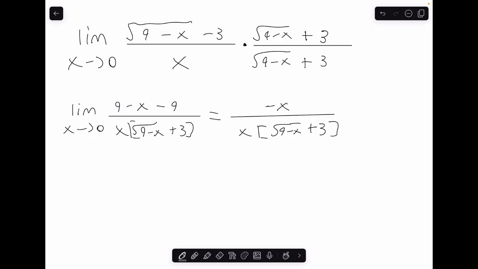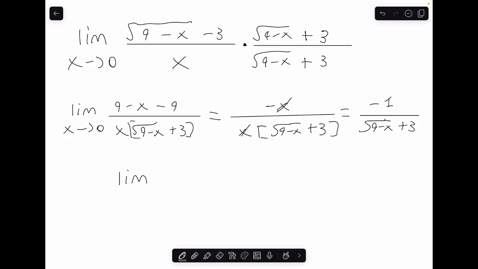Should we multiply that x into the bracket? No, because we can actually cancel it with the numerator. So x cancels with -x. That leaves us with -1 in the numerator, and then that whole expression on the bottom. So square root of 9 minus x plus 3. So now we have finished canceling and we can compute the limit.